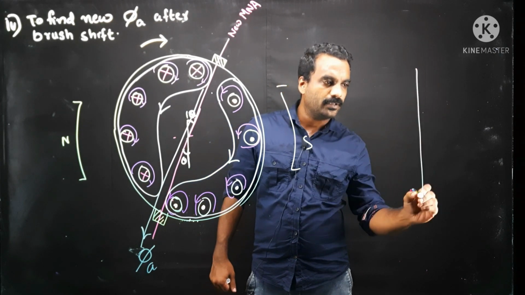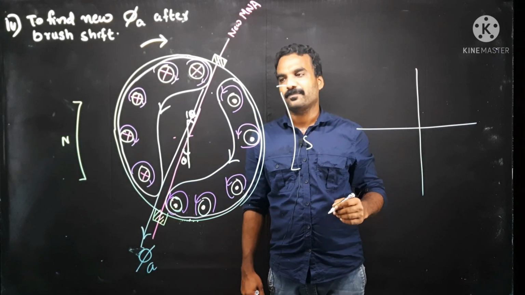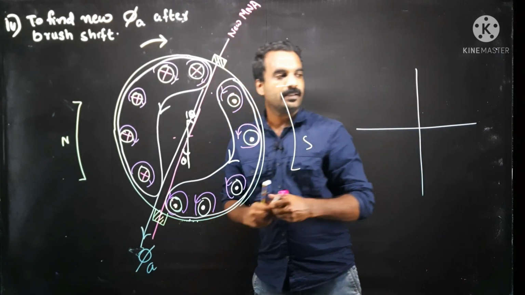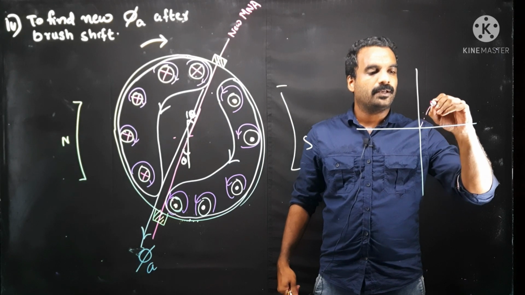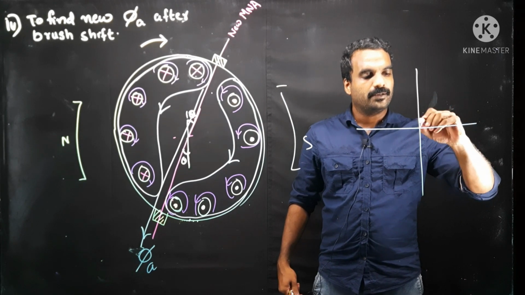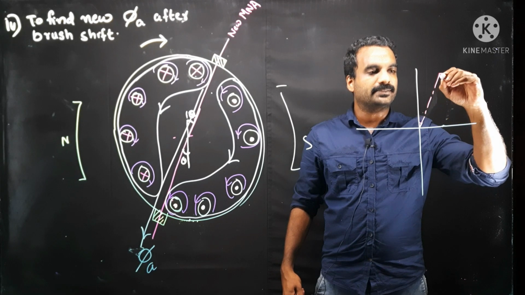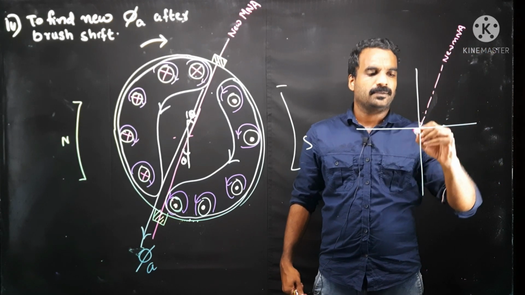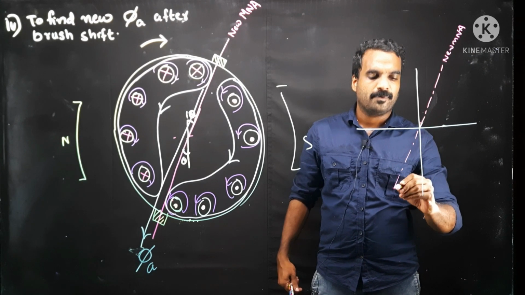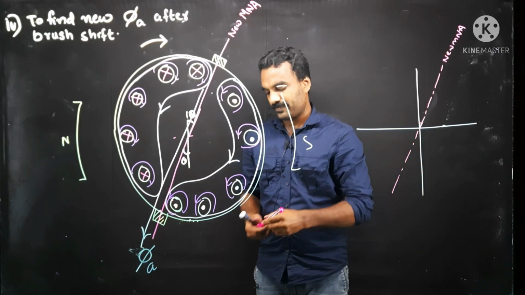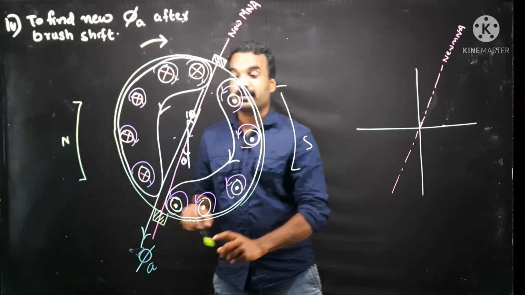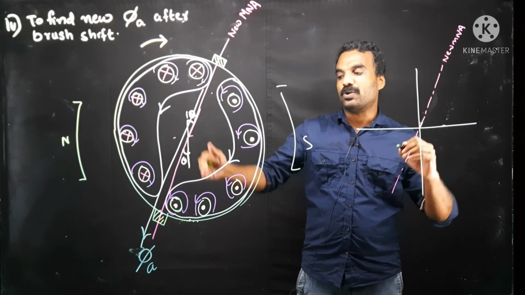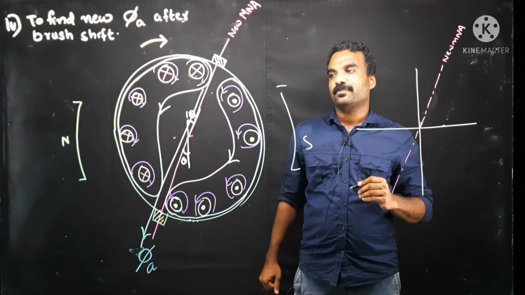That is, if this is the coordinate system and this is the new MNA axis, what you can see is that the armature flux, the new armature flux, is also aligned on the same line.